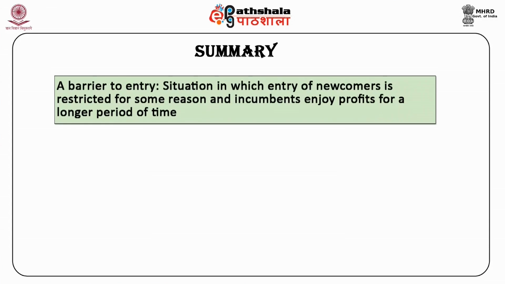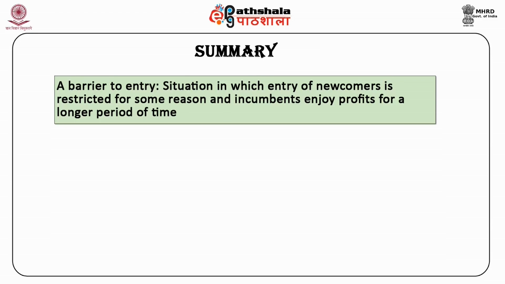A barrier to entry may be defined as a situation in which entry of newcomers is restricted for some reason and incumbents enjoy profits for a longer period of time.